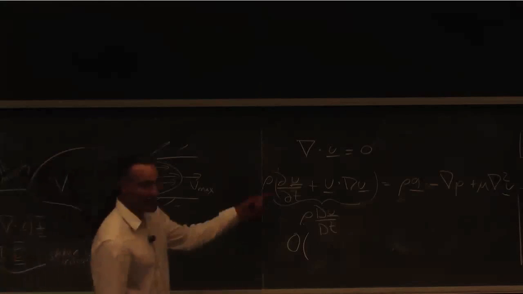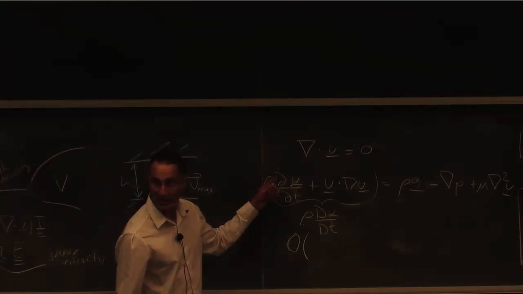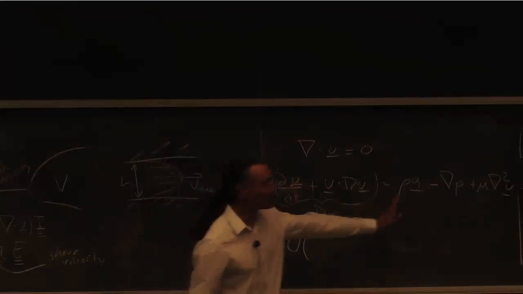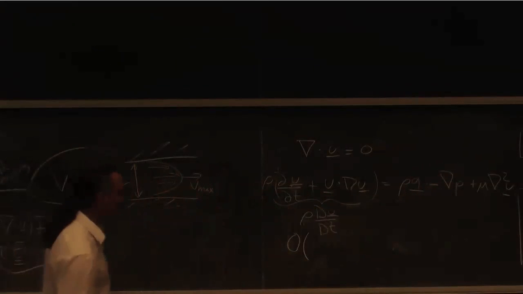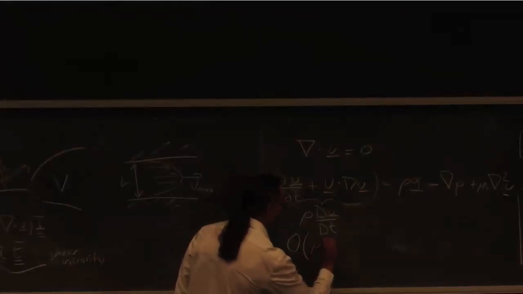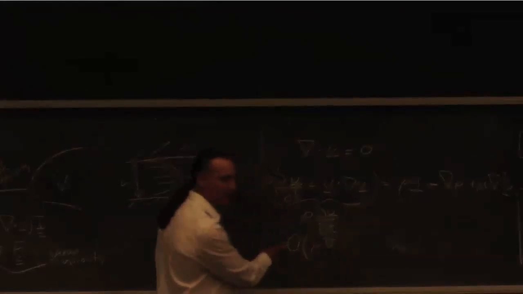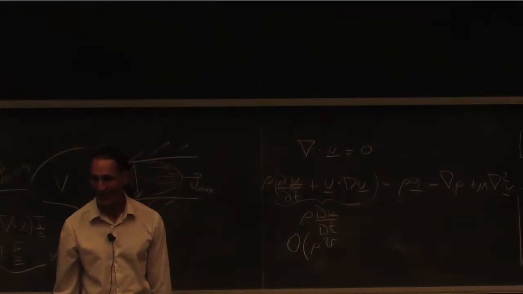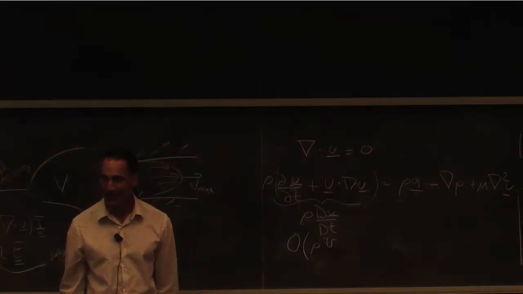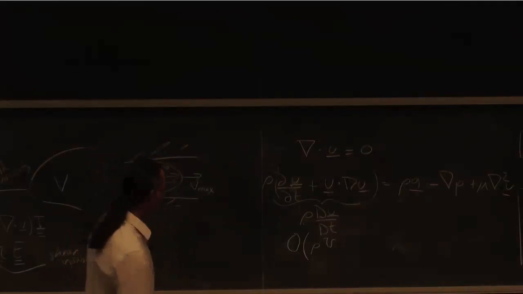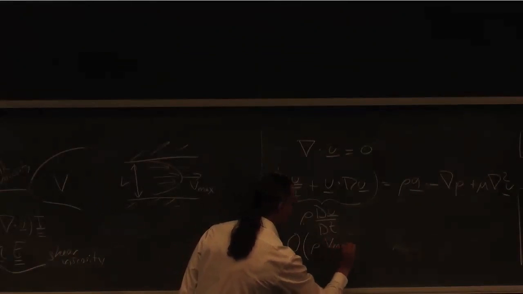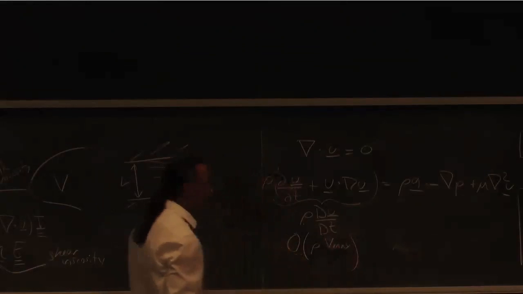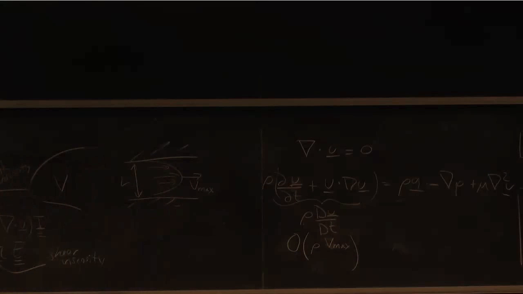So on the left-hand side, in the governing equations, this was the mass times acceleration term, right? We said mass times acceleration is equal to a set of forces. So let's estimate the magnitude of mass times acceleration. It's equal to density. Capital O means order of magnitude. So we're going to estimate what's the order of magnitude of these forces. It looks like density of the fluid times V max, divided by some time scale.